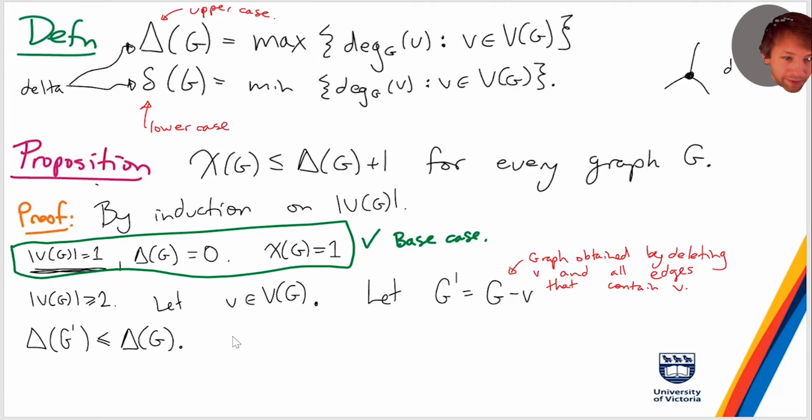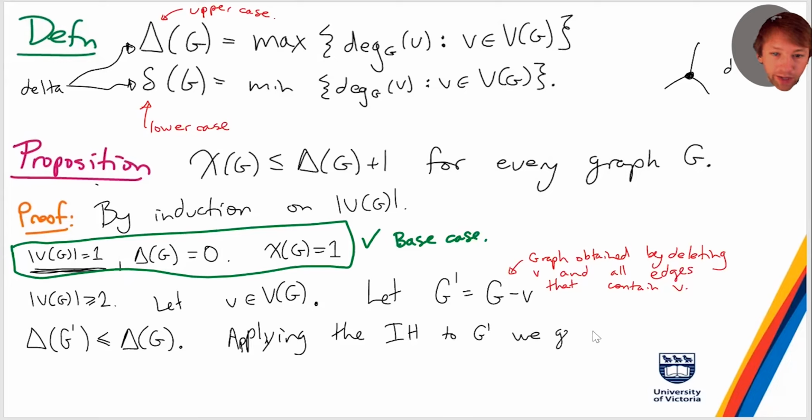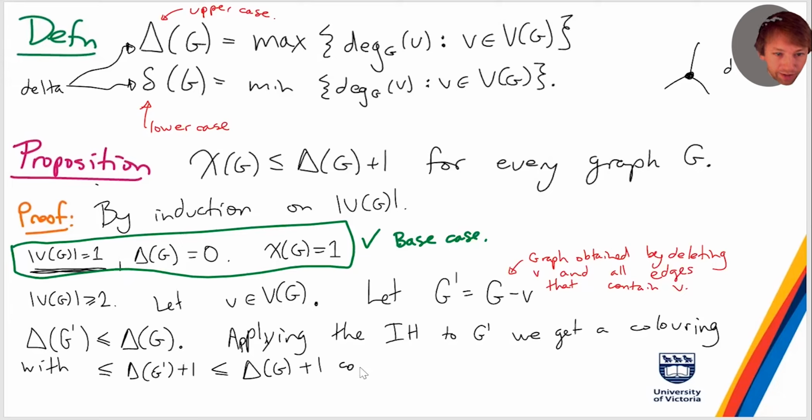So therefore, applying the inductive hypothesis, which is just that this inequality is true for all smaller graphs, if I apply it to G prime, we get a proper coloring with at most delta of G prime plus 1 colors, which is at most delta of G plus 1 colors.